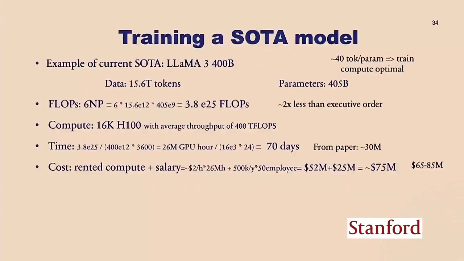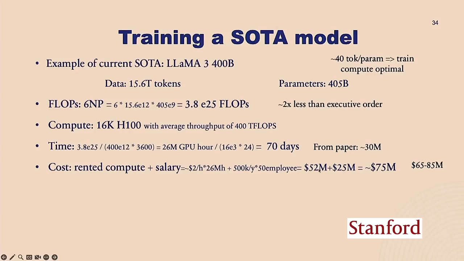Cost. It's hard to approximate, but I'm just going to say it's kind of the rent. What if I were to rent that many H100s for that many days? How much would I pay? A lower bound on the renting cost of an H100 is around $2 per hour. If you multiply this by 26 million hours, you get $52 million.